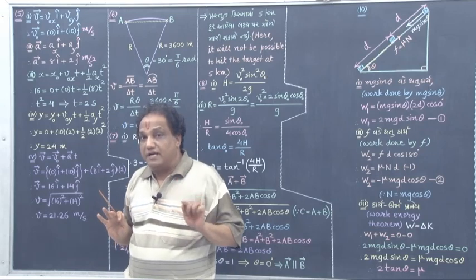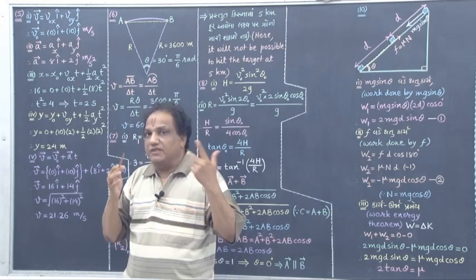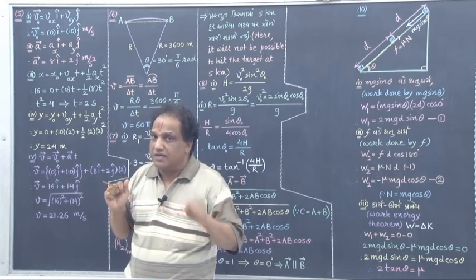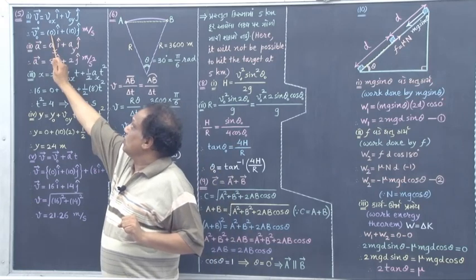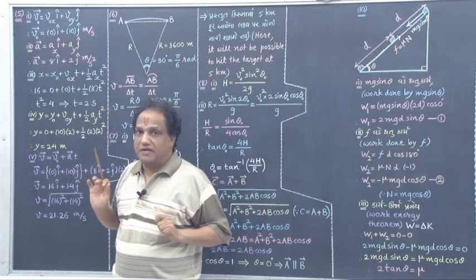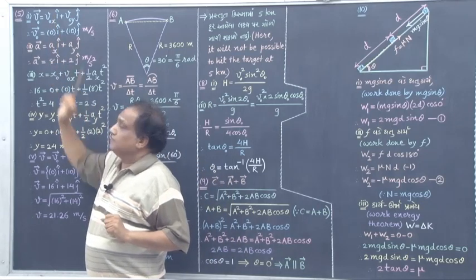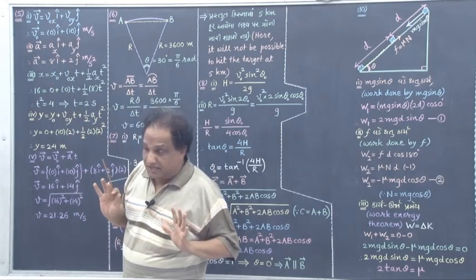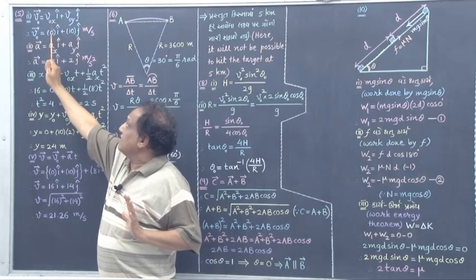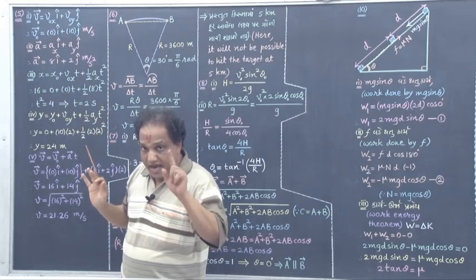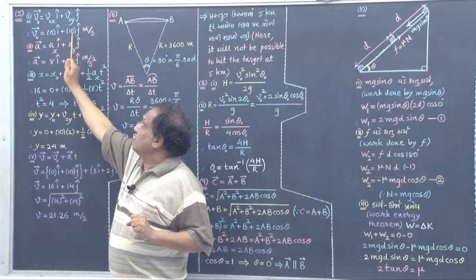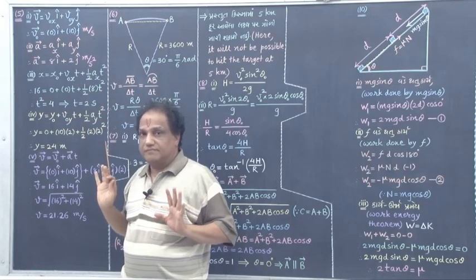They have not given any term with i hat, so you can consider 0 into i hat. Now, if you match these two, you will come to know that v0x is 0 and v0y is 10 meters per second, correct?